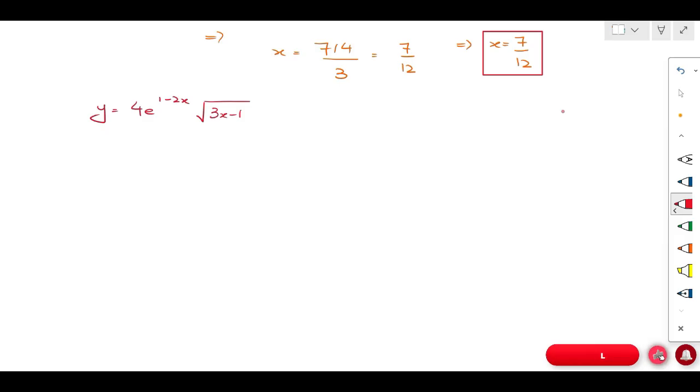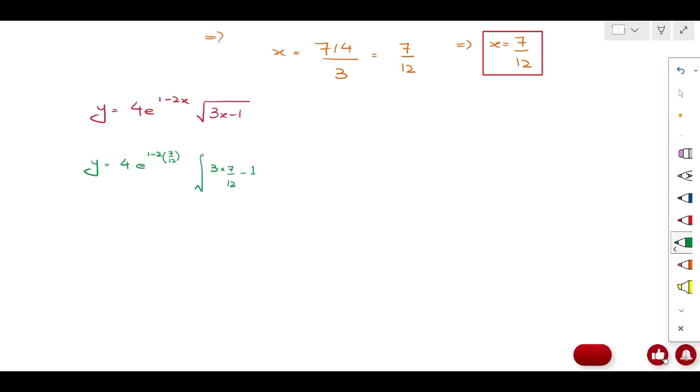Just substitute the x value over here and solve for y. So y is equal to 4 e to the power 1 minus 2 into 7 over 12, square root of 3 times 7 over 12 minus 1. They are in the product, right?